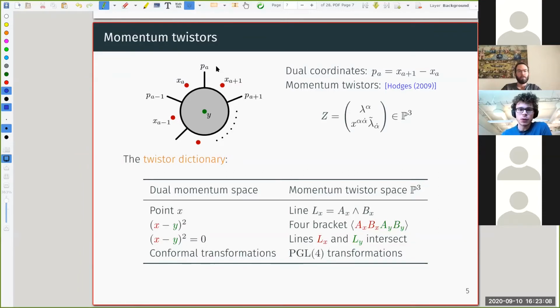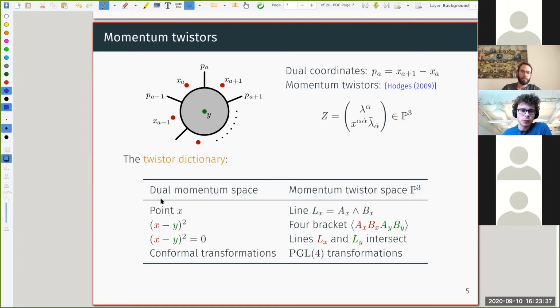So we can first of all switch to the dual coordinates. They're just written here. And then we can go further and introduce these momentum twistors, which were introduced by Andrew Hodges. The momentum twistors are just points in a three-dimensional projective space. What one can work out is how all the objects that we talk about in momentum space are mapped to momentum twistor space.